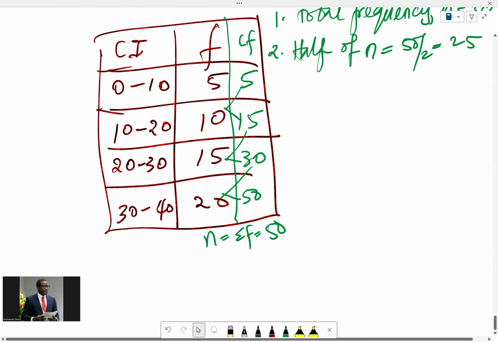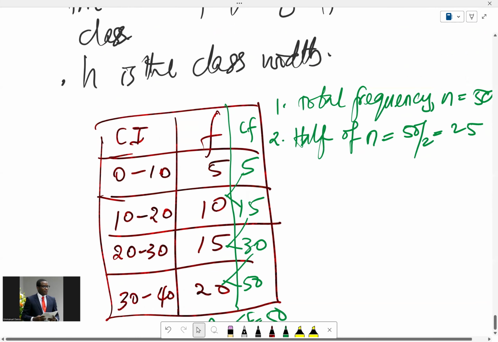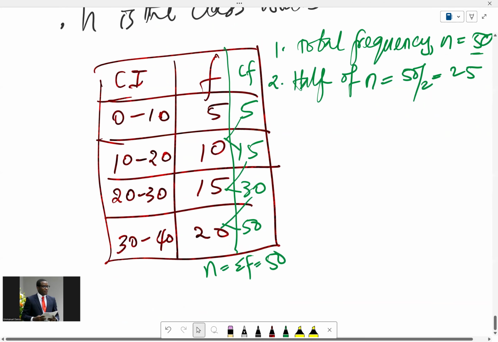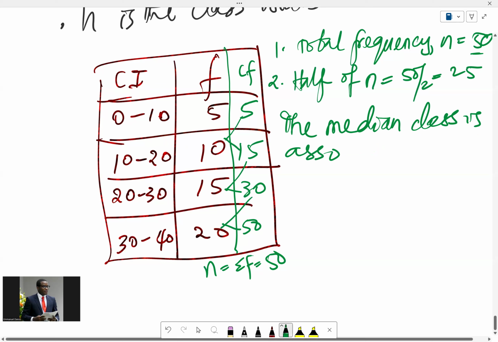Since you have 50 items, the median class will be the one at halfway. To identify the median class, it is associated with N over 2, which is 25.